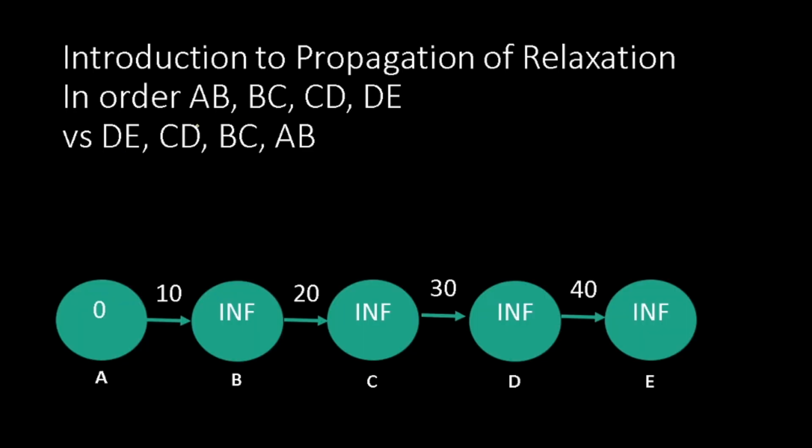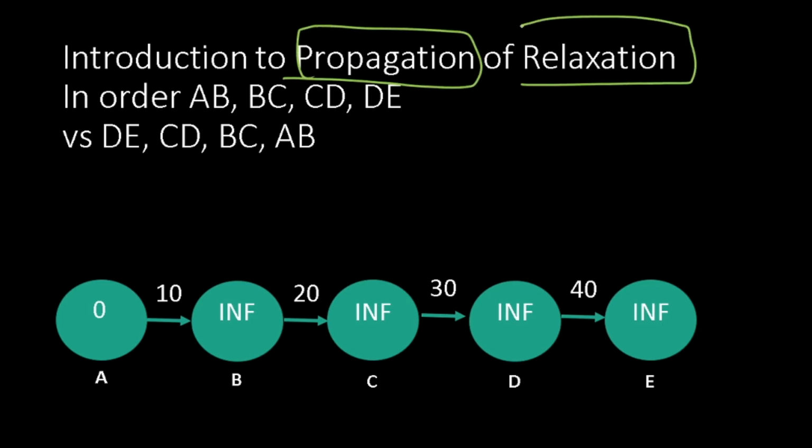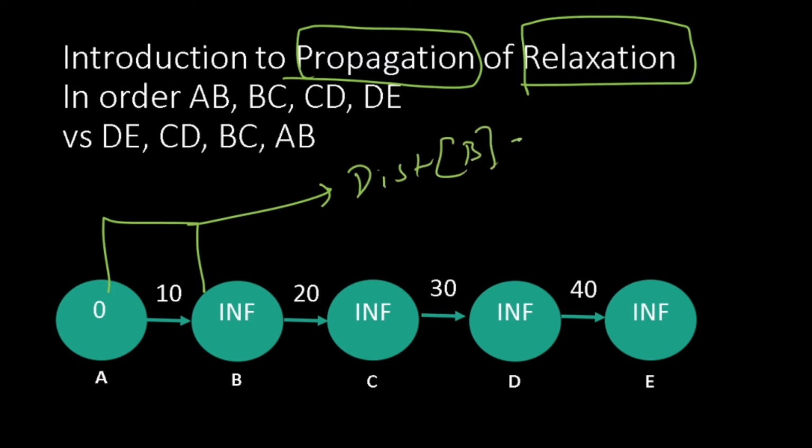Okay, now another concept is propagation and relaxation. First, let's define relaxation. Actually, we don't need to. We already saw that in Dijkstra. But let us understand what relaxation means in this context. So currently the distance of B is infinity. And distance from A to A is 0.